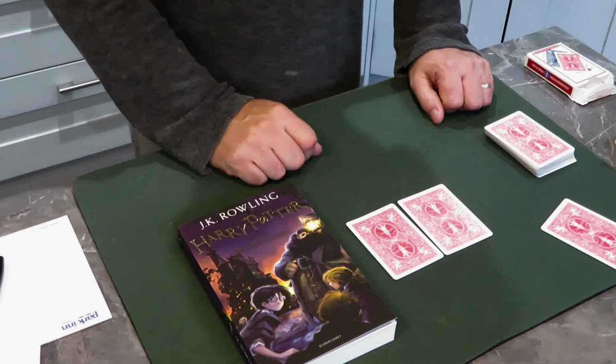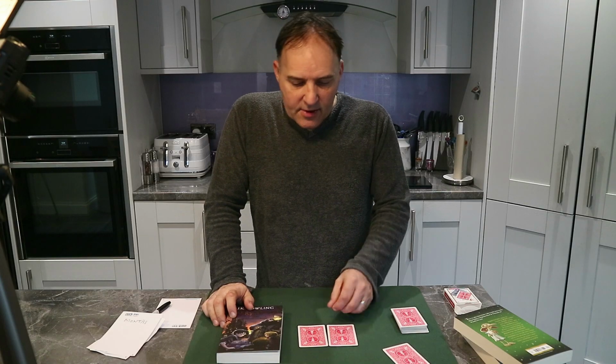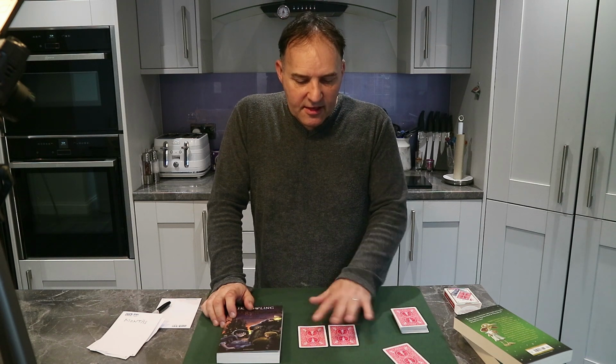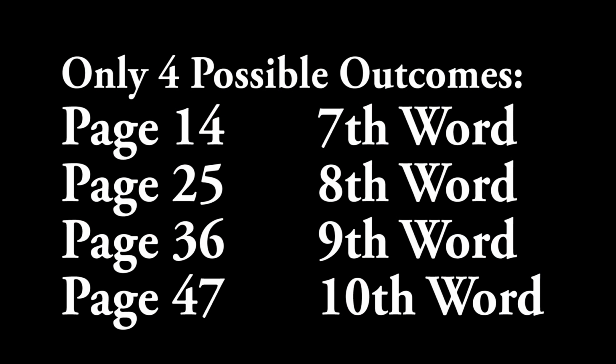Now the reason being is because there's only 4 outcomes. If I show you these cards, I can tell you now these 3 cards will either denote, and I put them on the screen, page 14, page 25, page 36 or page 47, and on those pages it'll either be the 7th word, the 8th, the 9th or the 10th word.